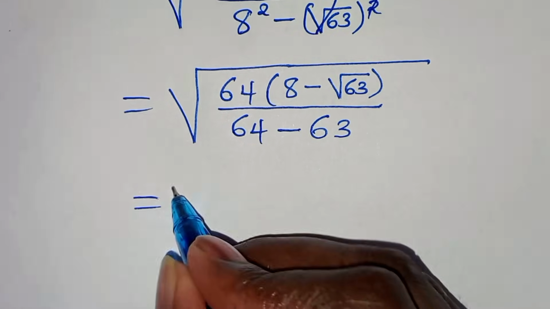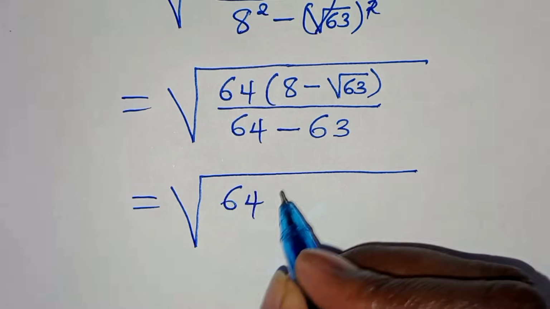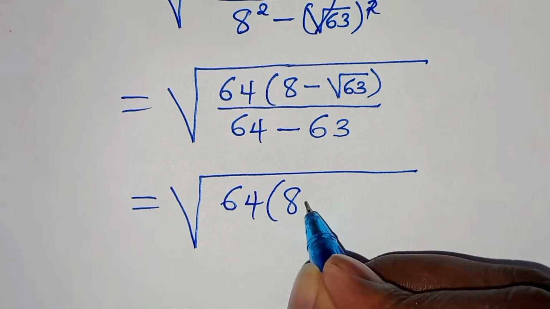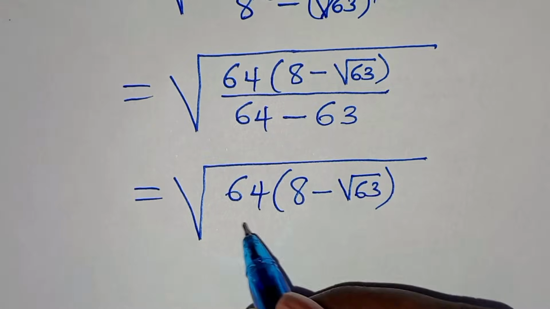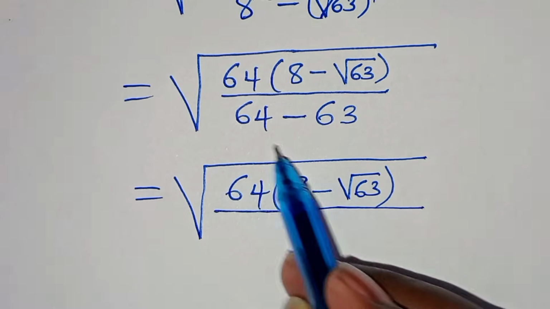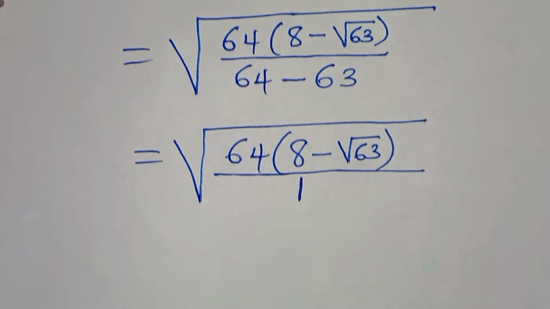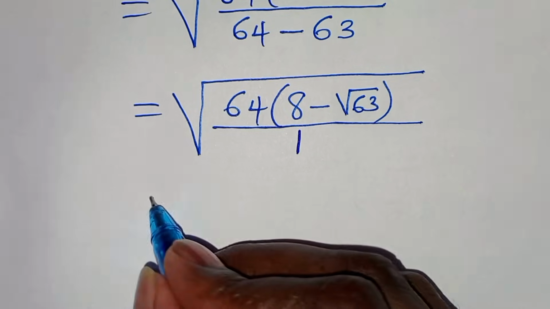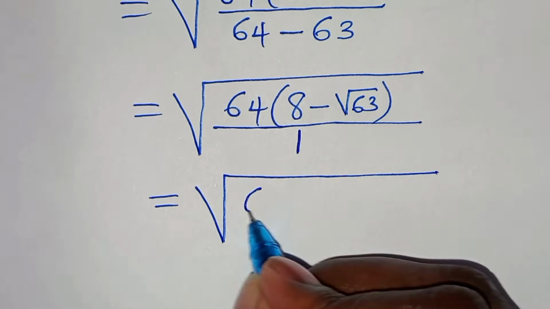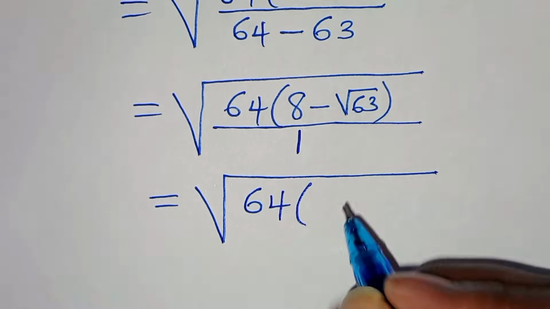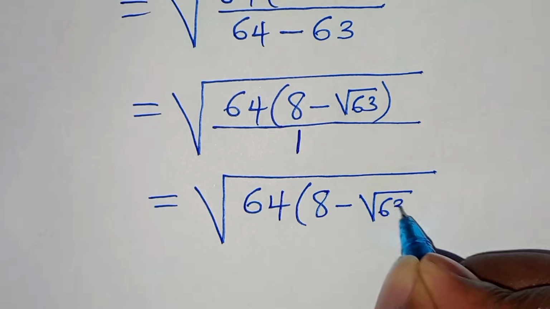The next step we have the square root of 64 multiplied by 8 minus square root of 63, close the parenthesis, everything here divided by 64 minus 63, which is 1. So this means that we have the square root of 64 multiplied by 8 minus square root of 63.